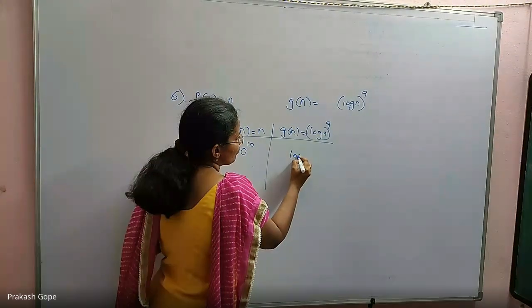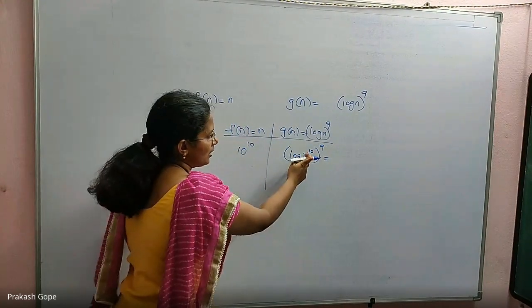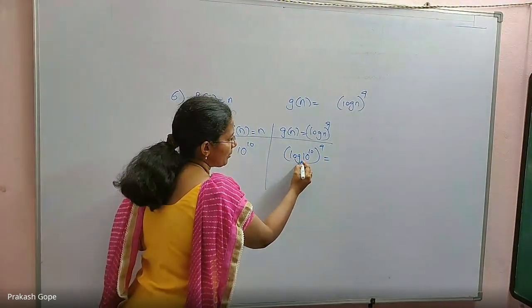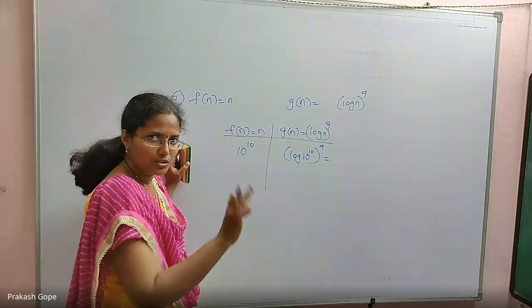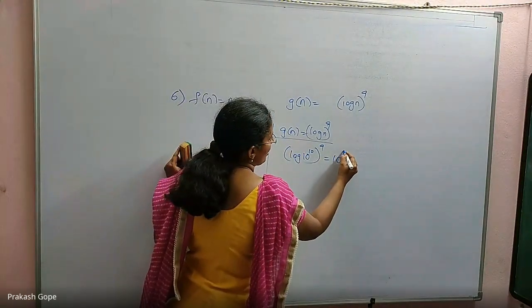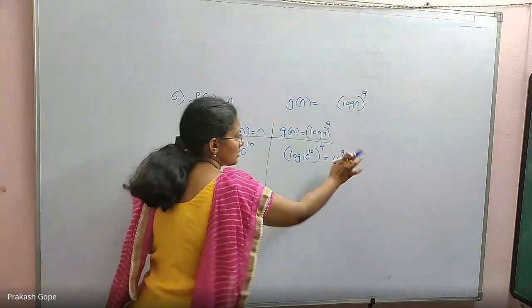Log of 10 power 10 whole power 9. This 10 will come forward, 10 into log 10 to the base 10, which is 1. So this is 10 power 9. This is 10 power 10, this is 10 power 9.